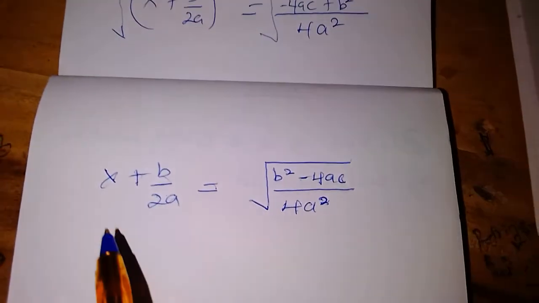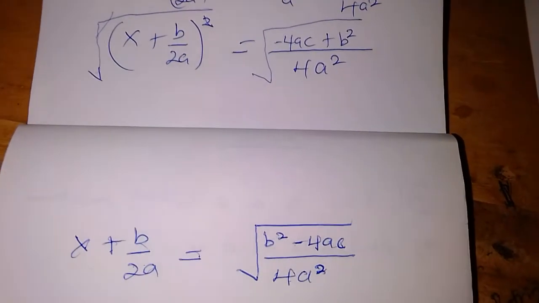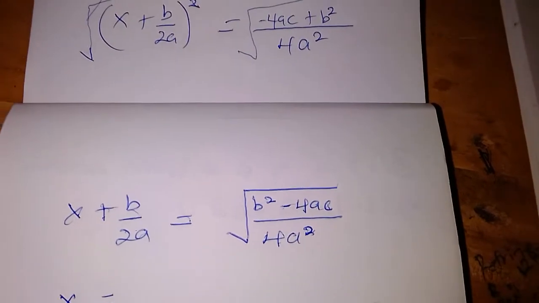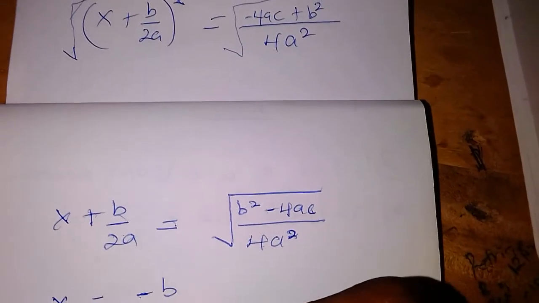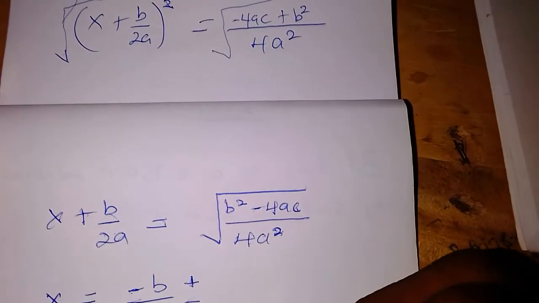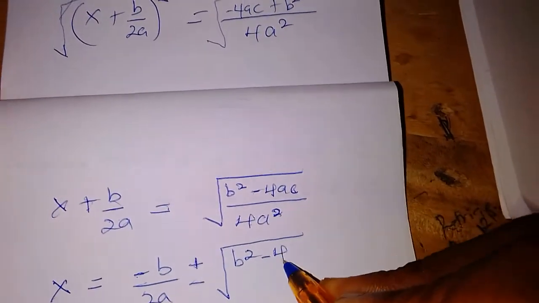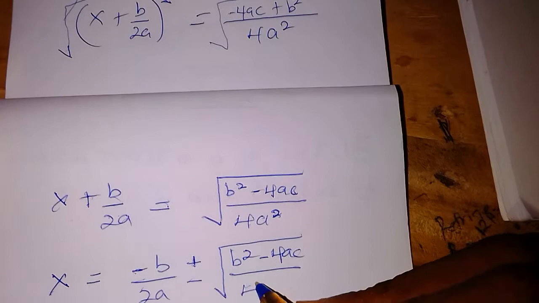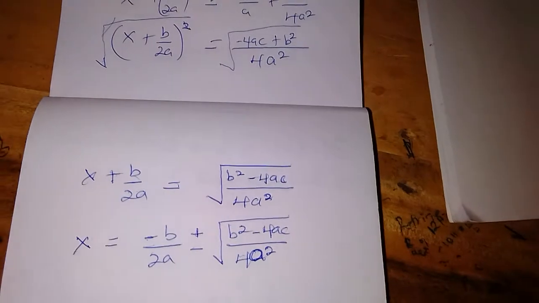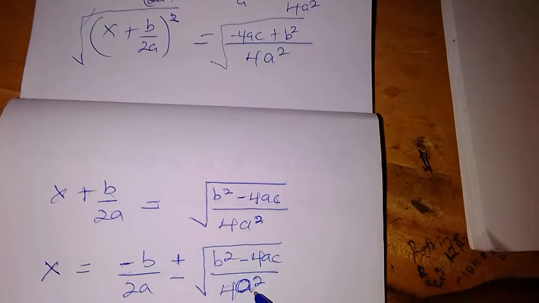Now we want the x alone on one side of the equation, because we are making x the subject from this method of completing the squares. So we have x equal to, this one will come here, so we get minus b over 2a plus or minus square root of b squared minus 4ac all over 4a squared. Now this square root of 4a squared can be simplified.